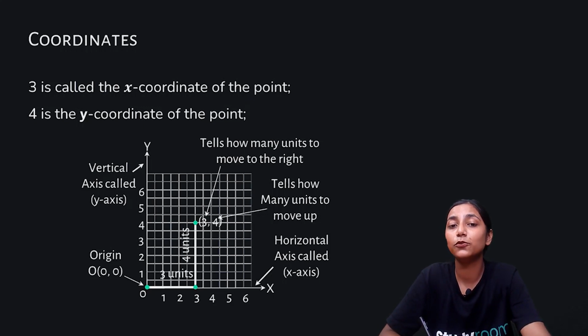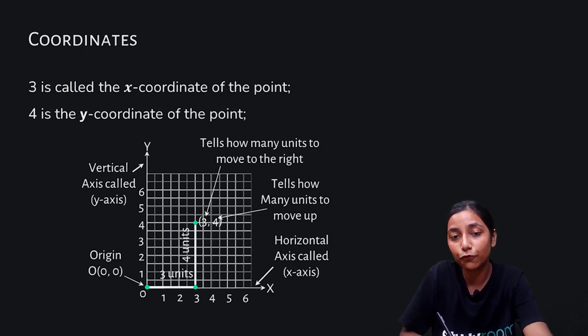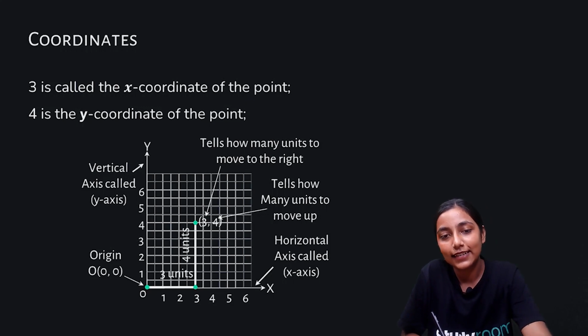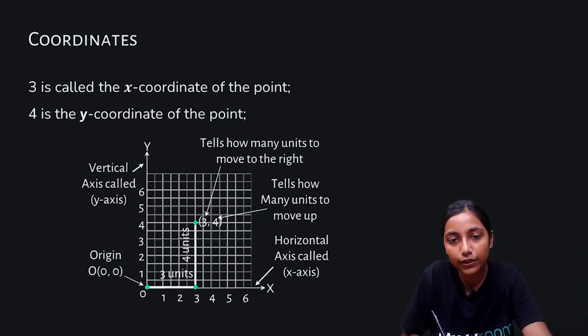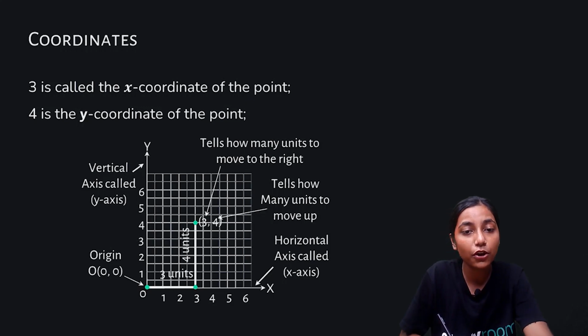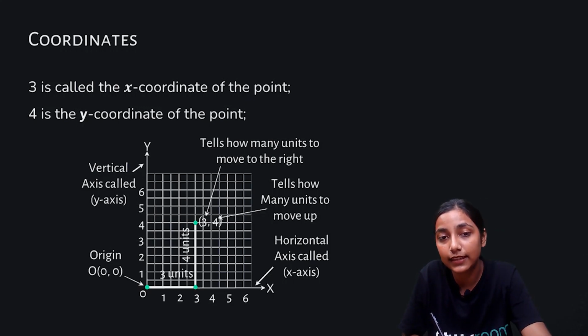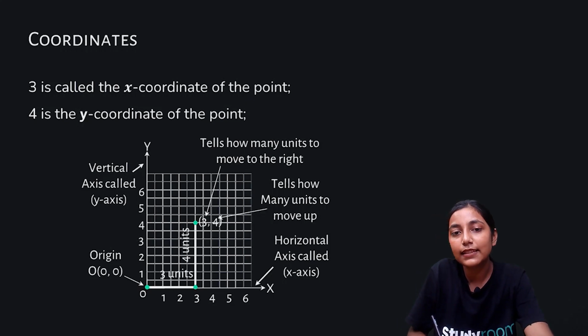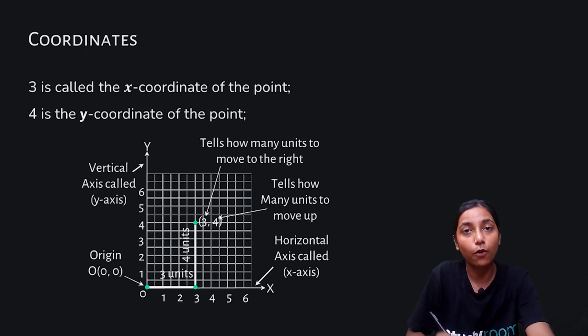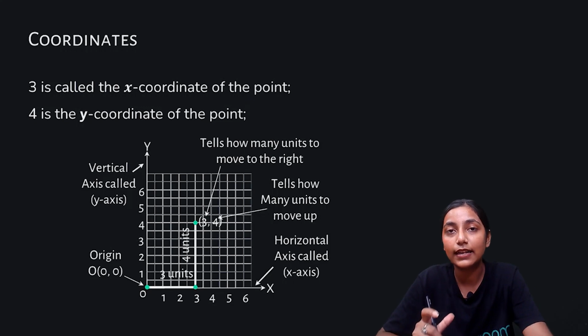The first number tells how many units to move to the right. So this 3 tells how many units we have to move from the origin to the right. This is 1 unit, this is 2 units, and this is 3 units. So when we move from the origin 3 units to the right, we reach this position. And the 4 after the comma tells me how many units to move up from this third unit. We always start locating a point from the origin, that is 0, 0.